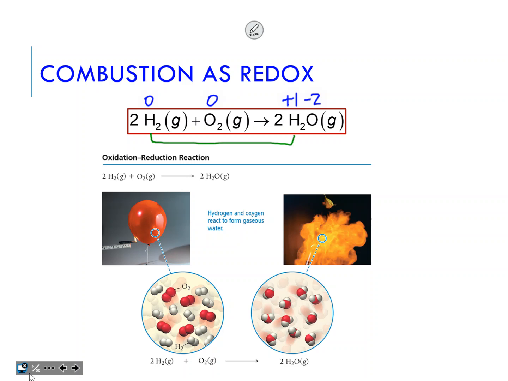It's increasing its oxidation state, going from 0 to +1. So this one's being oxidized. It lost electrons. The oxygen goes from 0 to -2. You see a decrease in the oxidation state, down by 2. So in this case, the oxygen is being reduced.